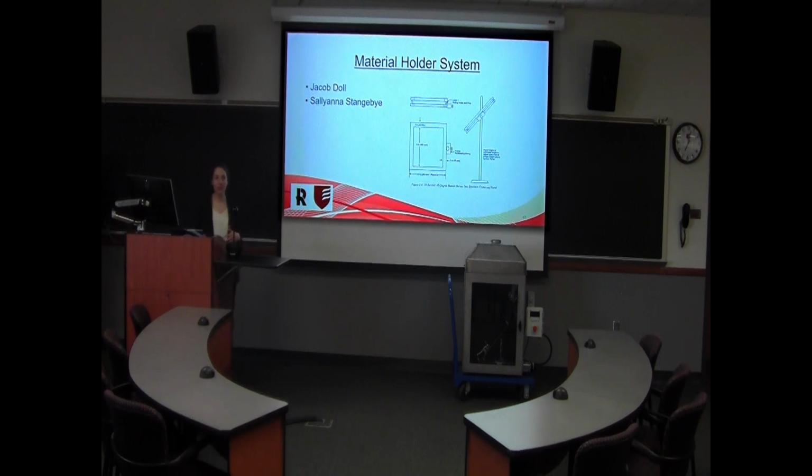So, what function do the material holders serve? Well, our sponsor tasked us with creating a multifunctional cabinet that would be able to accomplish 4 different material tests. Because each time Kodiak wants to replace or modify a material, that material has to go through rigorous testing to be certified by the FAA.